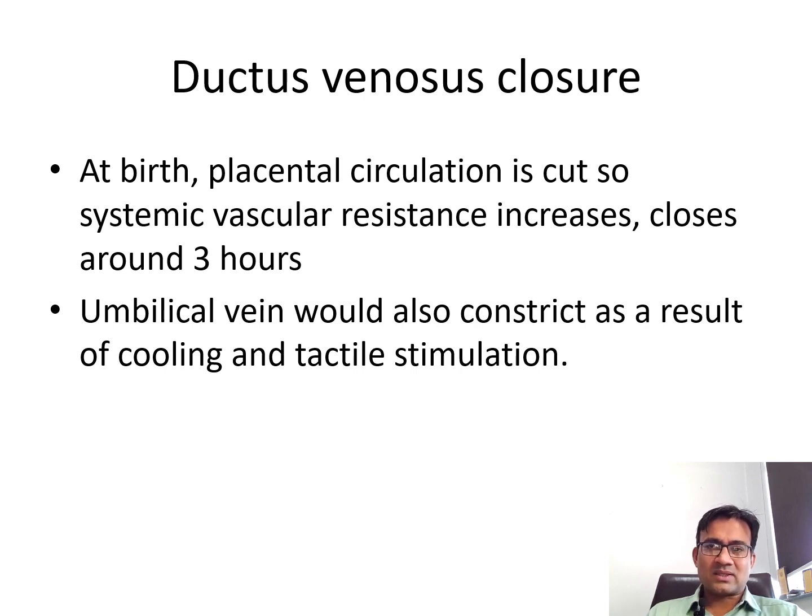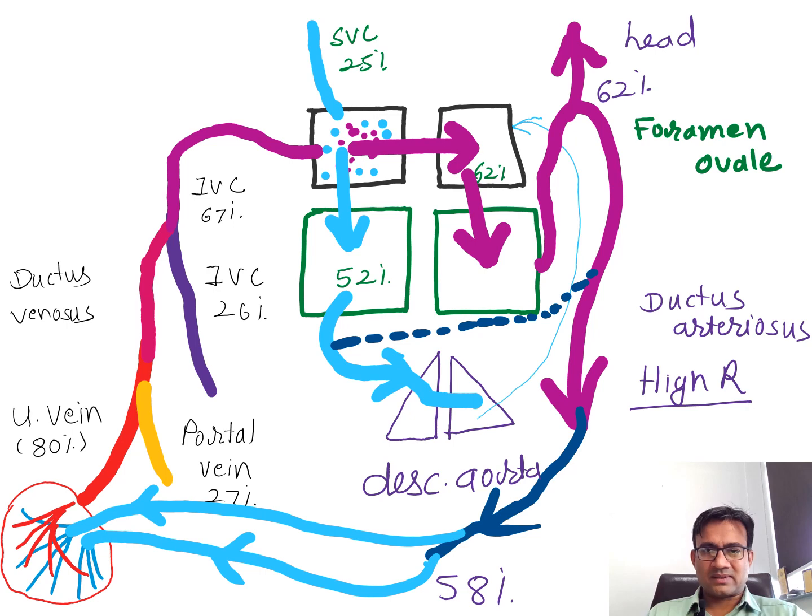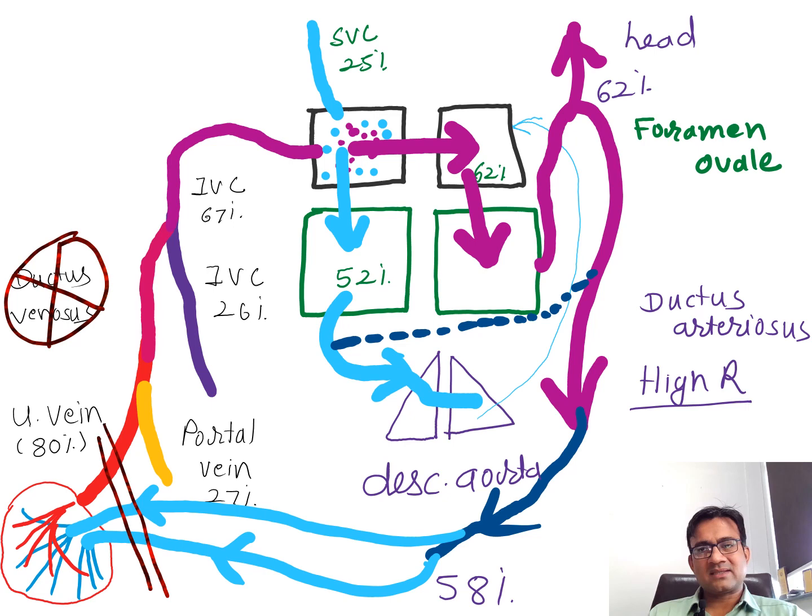Now we'll see what the next things are which are going to occur. We have cut it, so no blood is coming now. Now we will see what is happening to the foramen ovale.